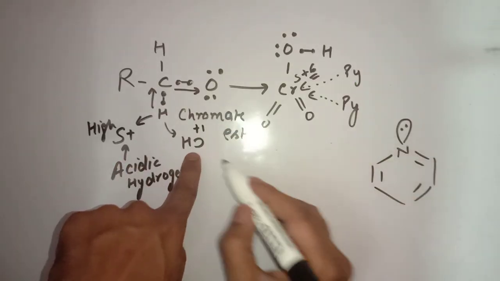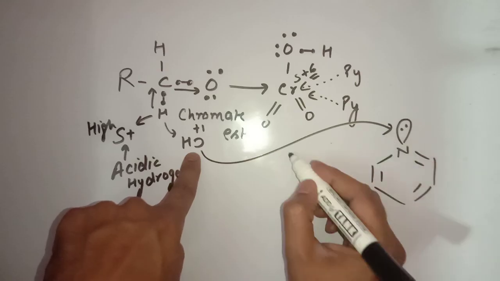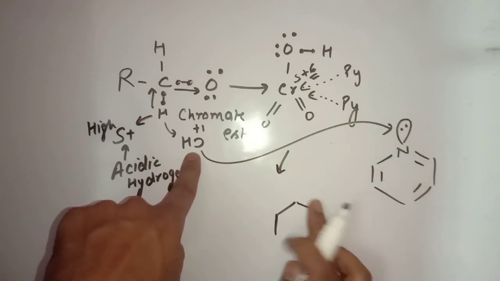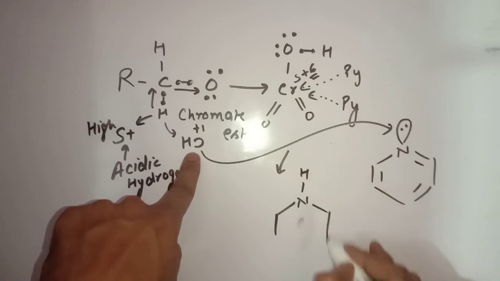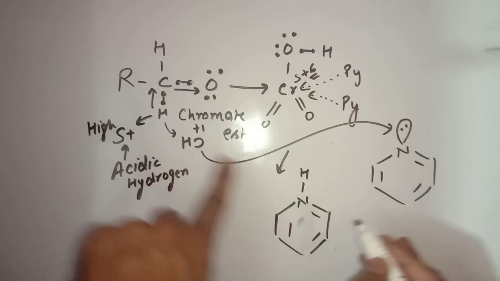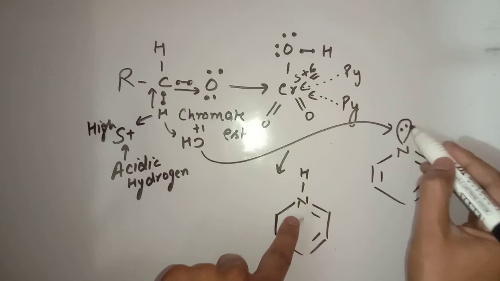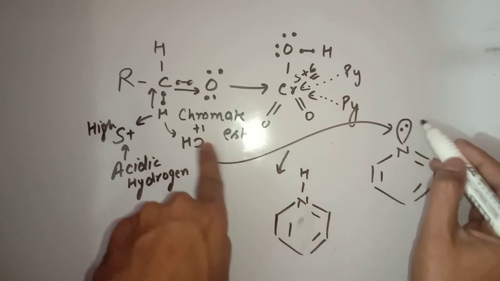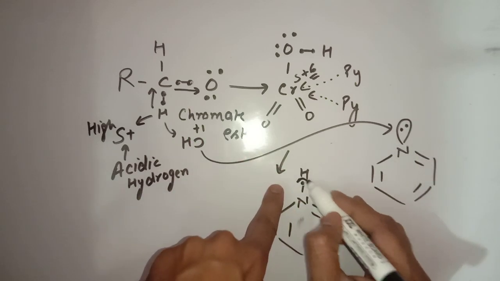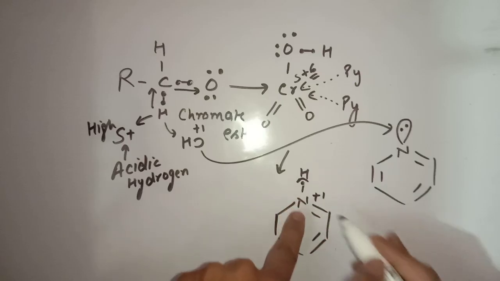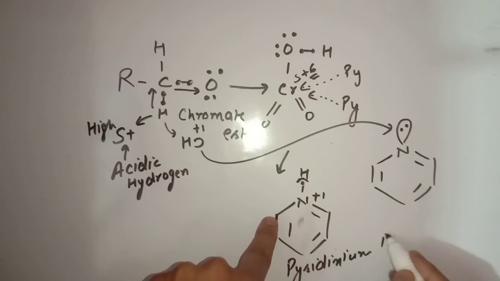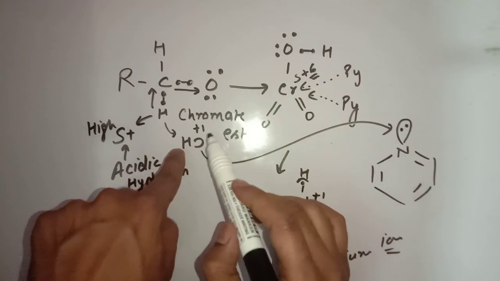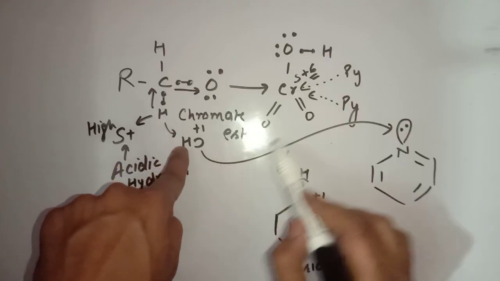Vacant orbital, lone pair. In this fashion they can be coordinated, due to which pyridinium ions will generate. Because this nitrogen will transfer one electron completely toward hydrogen for the bond formation, a dative bond it is. That's why it will carry a +1 charge, and such types of particles are known as pyridinium ions. So this is the first way in which this H positive can be released.